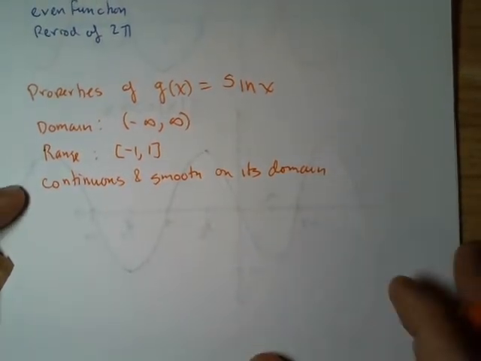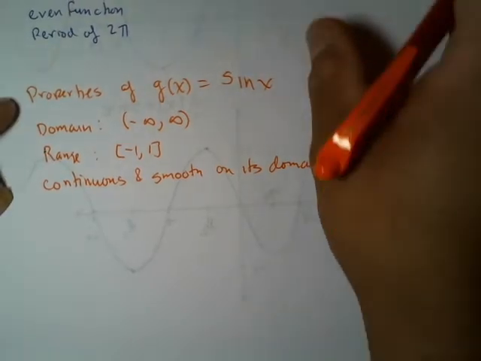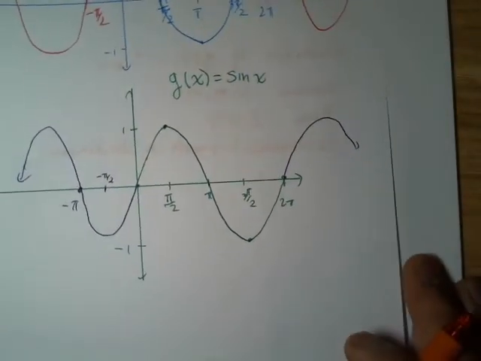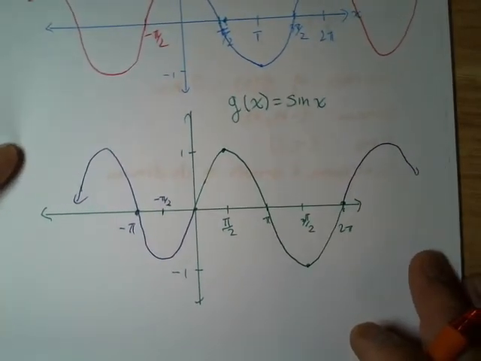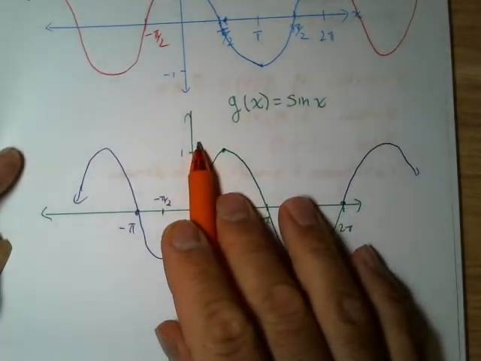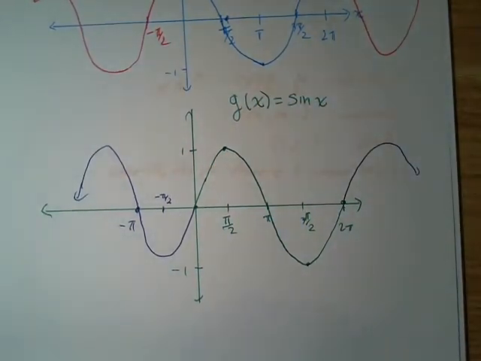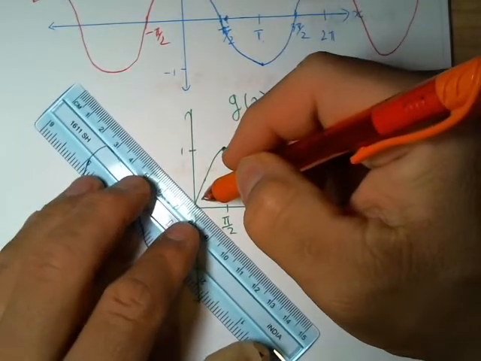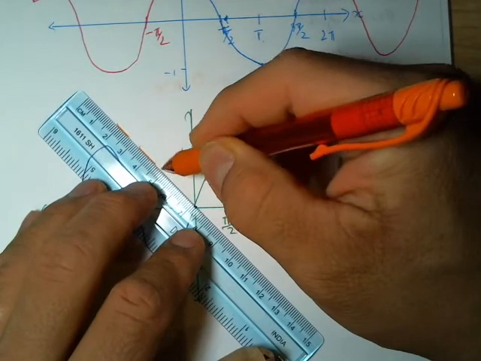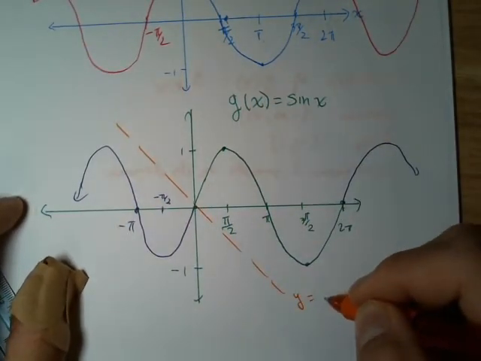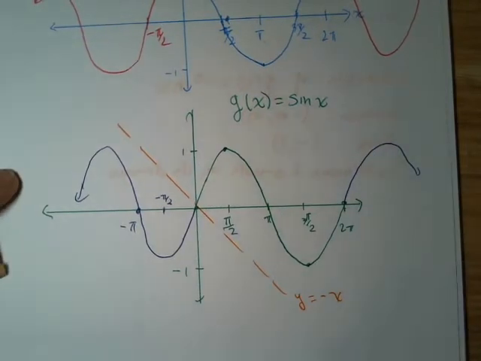Now in this case, this is not an even function, as we see here. It is not a mirror image across the y-axis. It is, though, an odd function, and the type of symmetry is called symmetry about the origin, or symmetry across the line y equals -x.